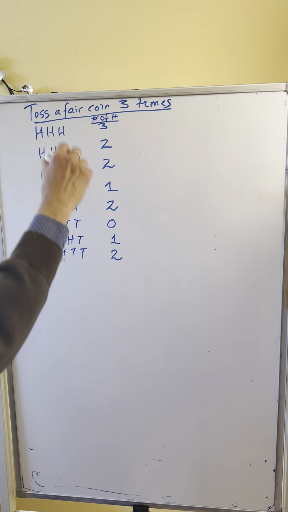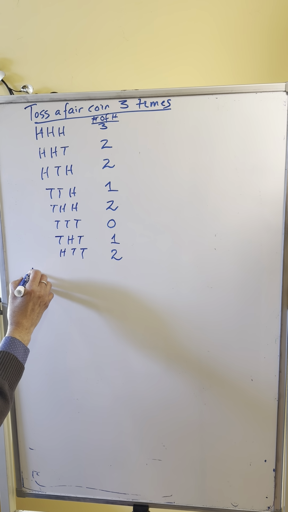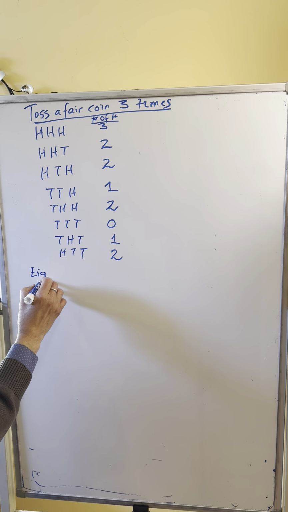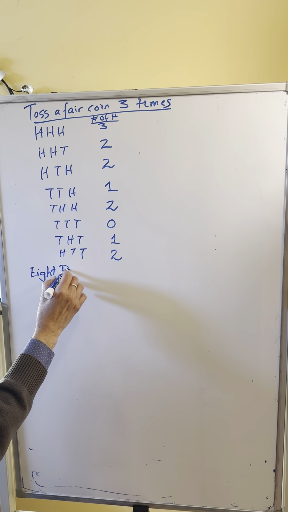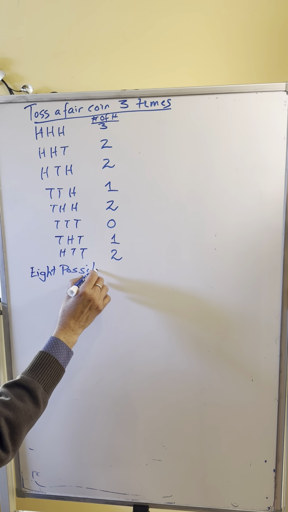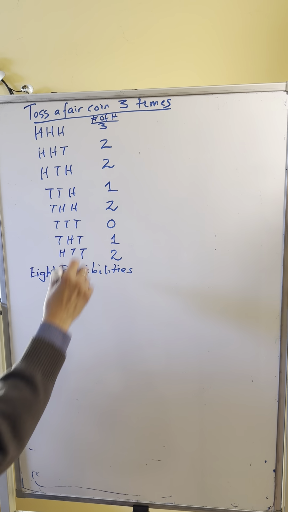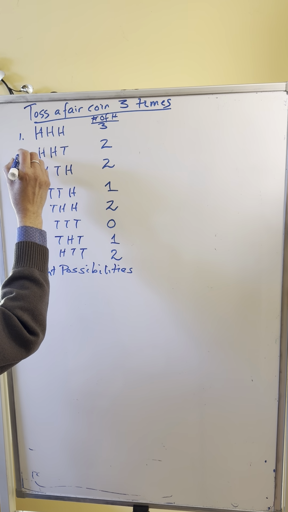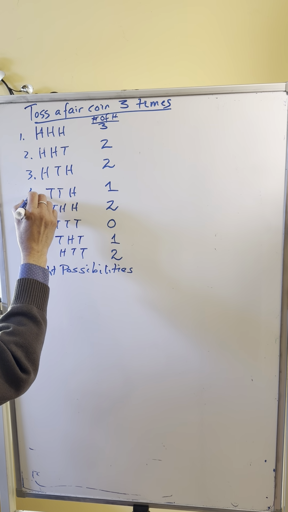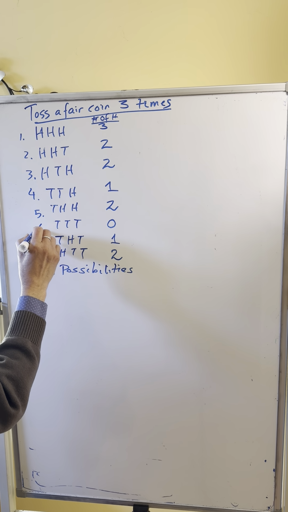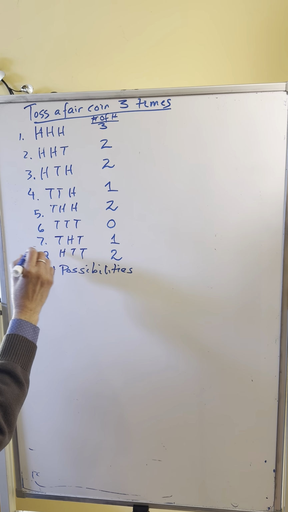And there are 8 possibilities, 1, 2, 3, 4, 5, 6, 7, and 8.